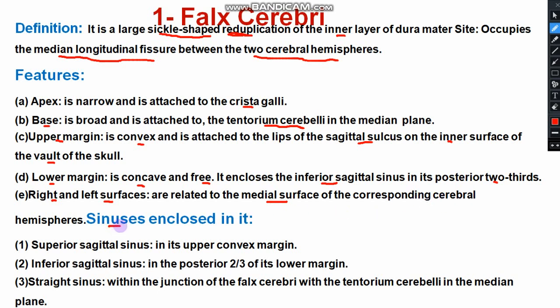Now, sinuses enclosed in it: first the superior sagittal sinus on its convex margin, inferior sagittal sinus in the posterior two-thirds, and straight sinus at the junction of the falx cerebri with the tentorium cerebelli in the median plane.